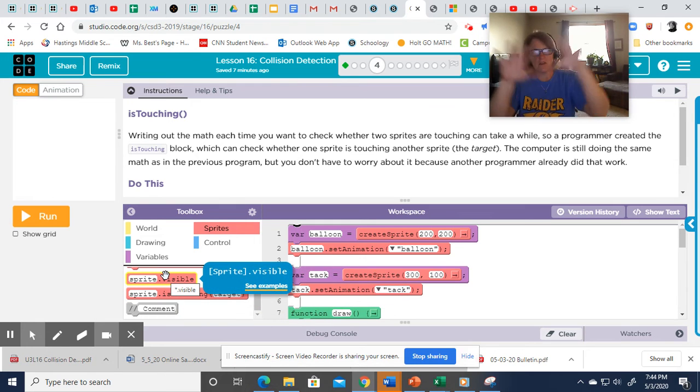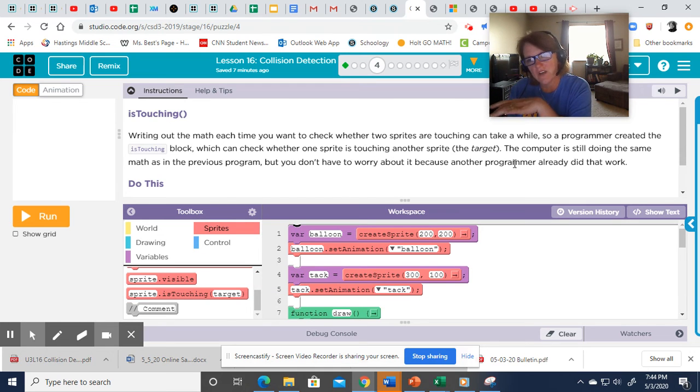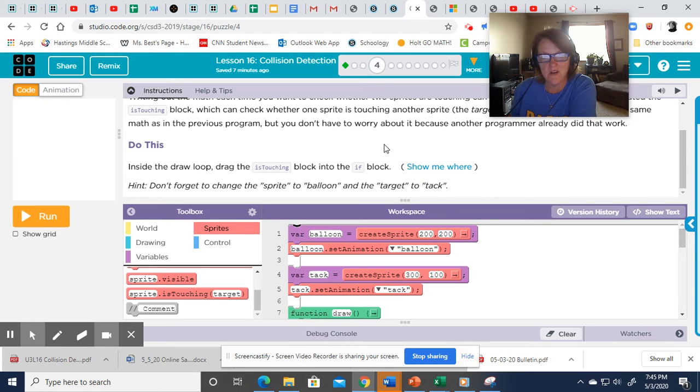Yes, that's going to make all of that code that you saw in level 3 be encapsulated. This is what we called the abstraction. It can check whether one sprite's touching another, which is the target. The computer's doing all that math behind the scenes, or what they call under the hood, and you don't have to worry about it because someone else did all the work.